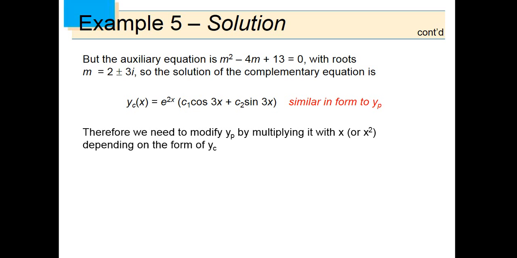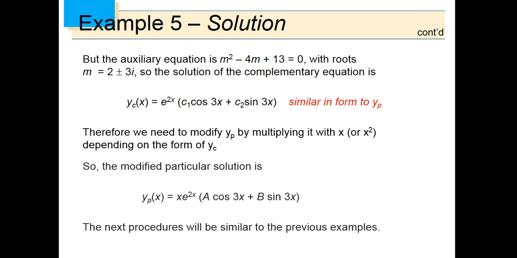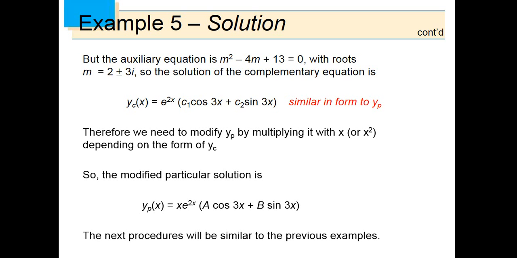So the manner you modify your particular solution is in terms of multiplying it with the independent variable. So it could be in terms of x only or x squared, depending on how you will modify your particular solution.